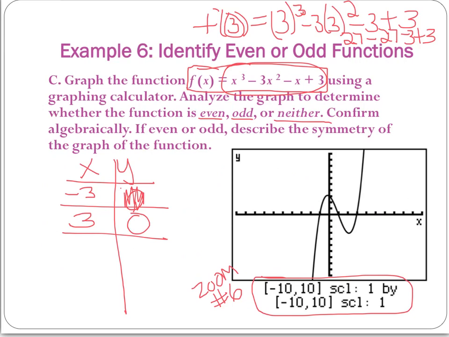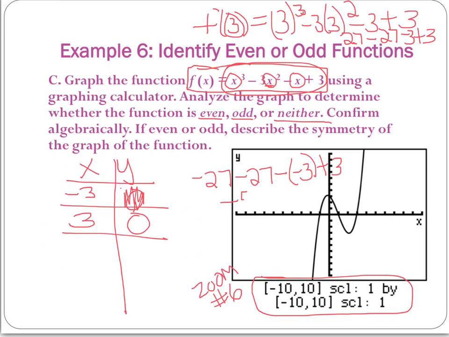And if I look at plugging in -3 for x, -3 cubed is -27. -3 squared is 9. 9 times -3 is -27. Minus a -3 plus 3.